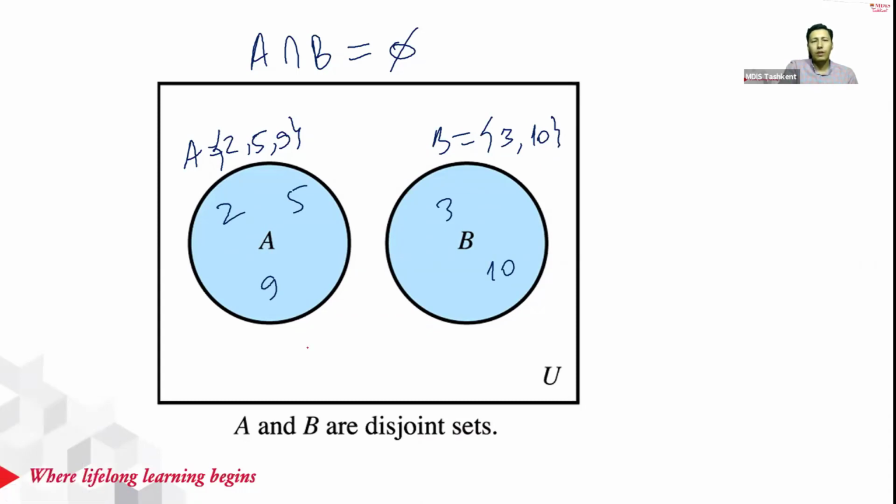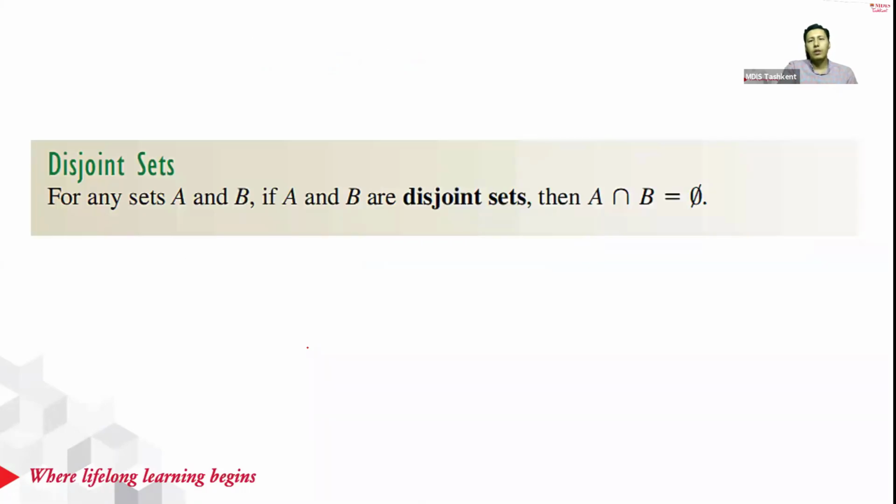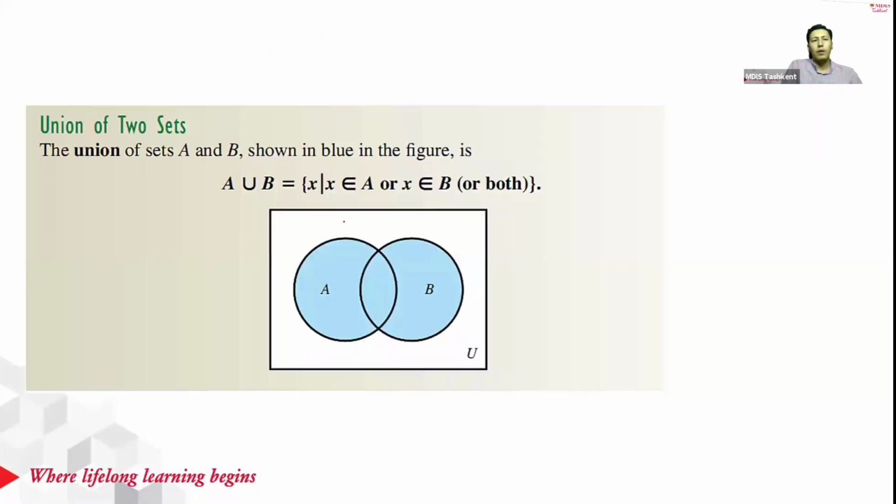Here definition. If intersection is empty set, we call them disjoint sets. Union of two sets. So we have two sets. The union means the elements belong to A or B or both.